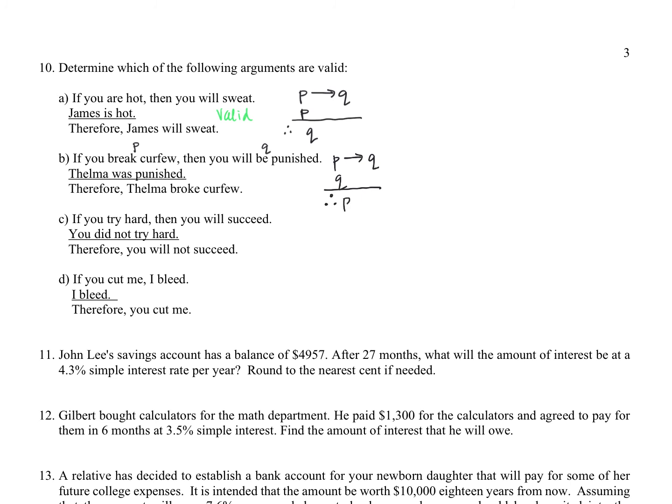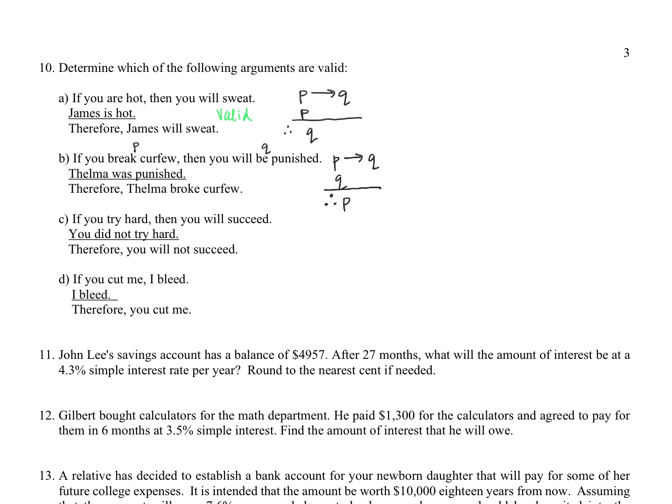So that's P. Notice this is different from the one above. In part A, the first part is the same, but then it's P, and then you conclude Q. This one is Q, and you conclude P. So let's see if this works out.